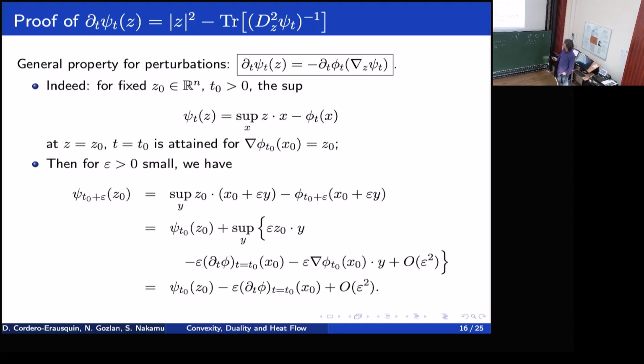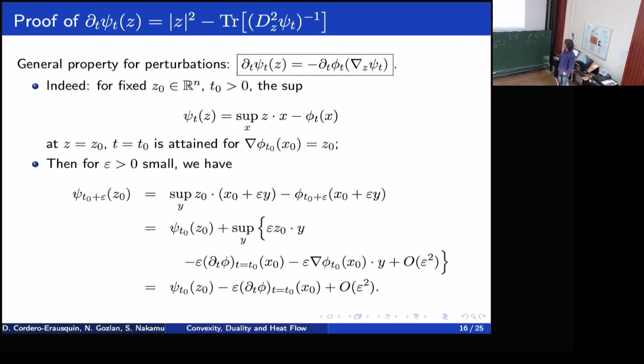Okay, this is what I wrote here, because of x0, this is the observation that I will use several times. x0 is the gradient of the Legendre transform at z0. Okay, they are inverse one to the other. And the other term, what happened? Well, this was the definition. You see, you have z0 y and gradient phi t0 at x0, y.